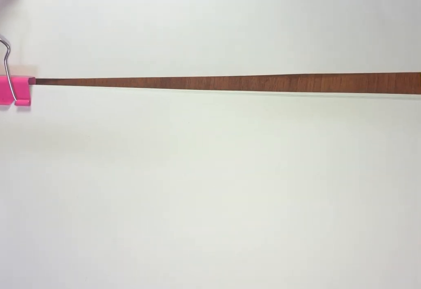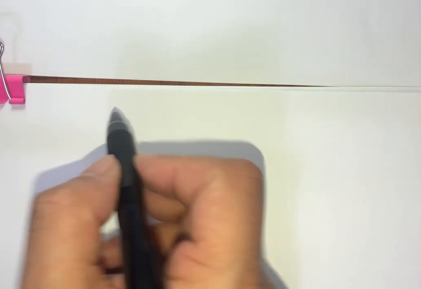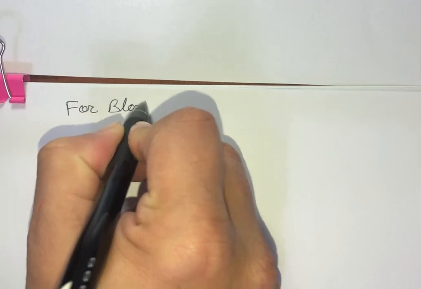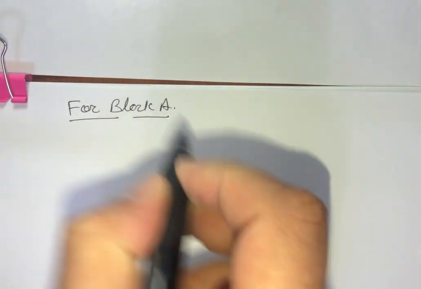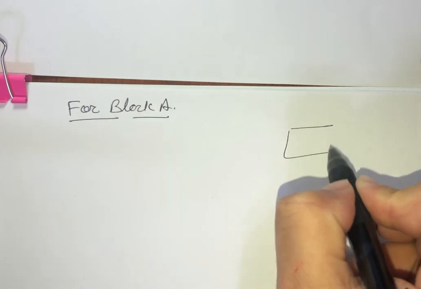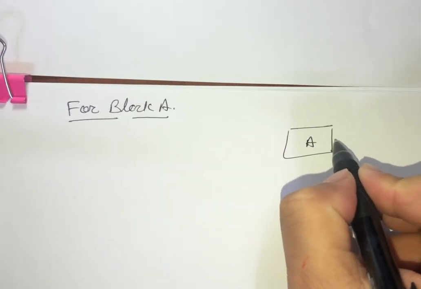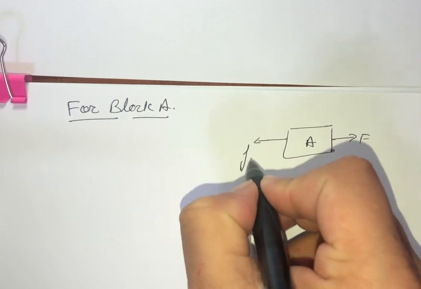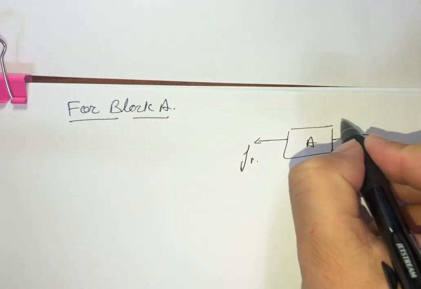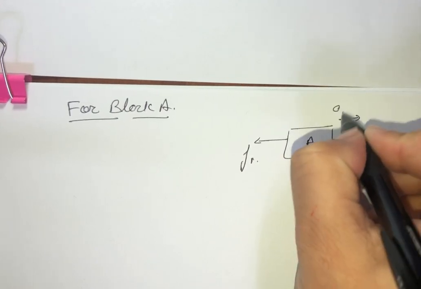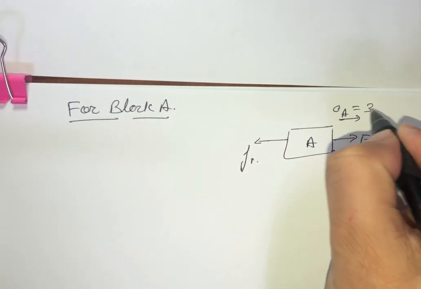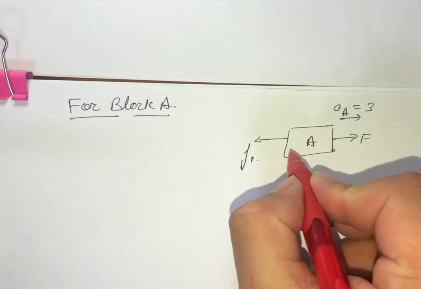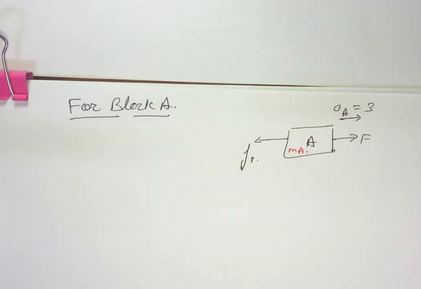Let us say for block A, so this is block A, a force F is being applied on it and frictional force is Fr, and it is moving with the acceleration of AA, which is given as 3. And let us suppose the mass is given as MA.